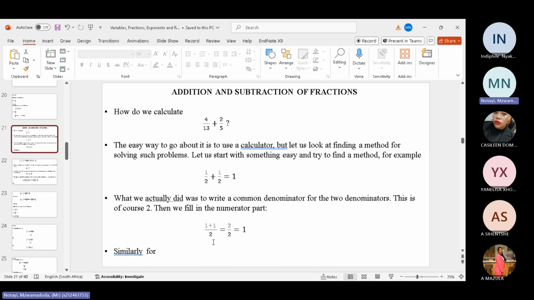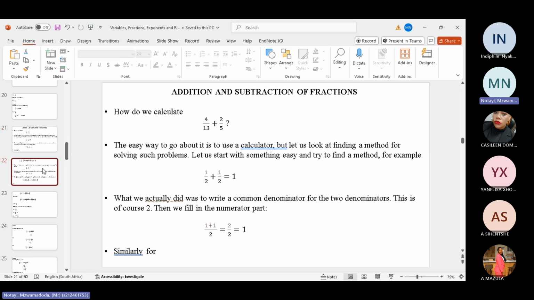You take the common denominator, which is 2, and ask how many 2's in 2, and you will get 1. And then for the second numerator, by asking how many 2's in 2, you'll get 1, and then you multiply by 1 to get 1. So we have 1 plus 1, which is equal to 2 over 2, which gives us 1.